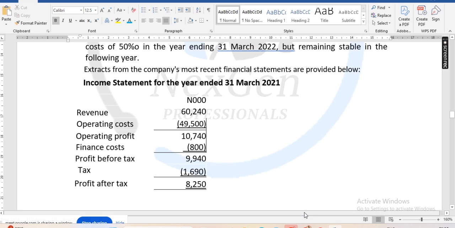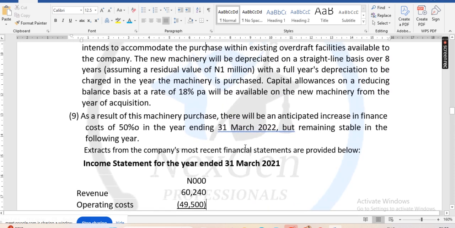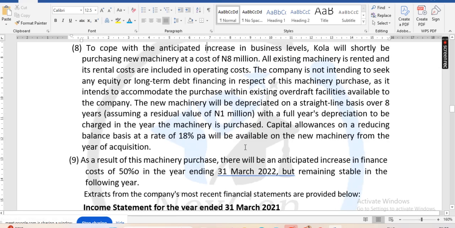I think they did so for them to state that it excludes depreciation when increasing by 4%. That's good.